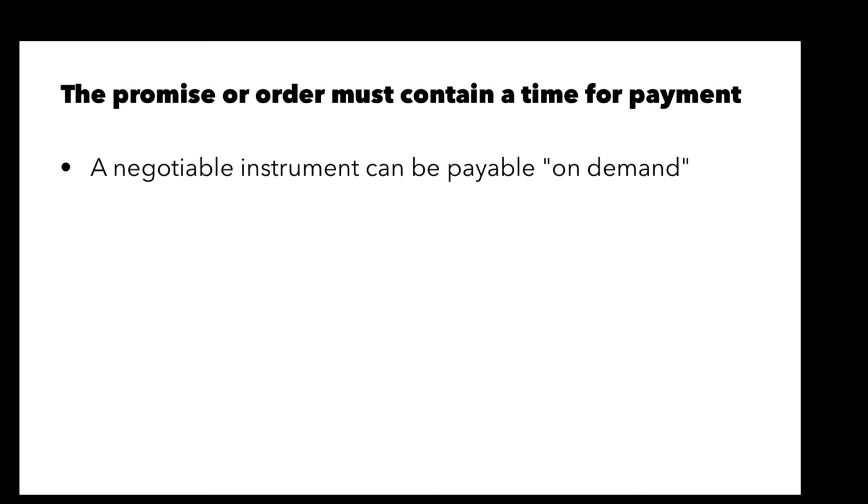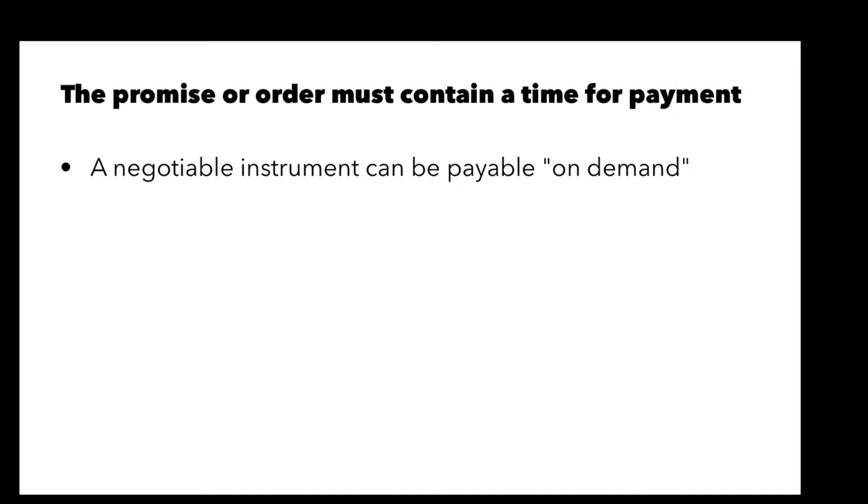The promise or order must contain a time for payment. A negotiable instrument must be payable on demand or at a definite time. And we need to have this available because it's essential to know when the maker, the drawer, or the acceptor is required to pay.